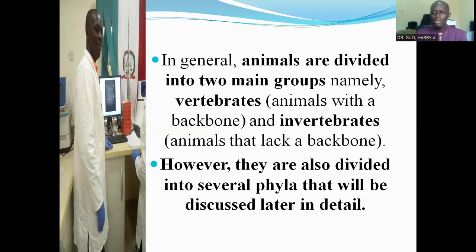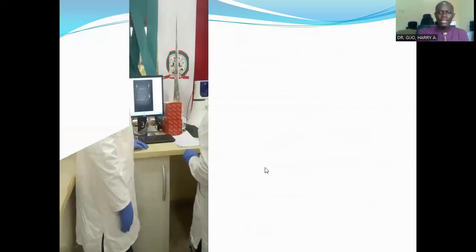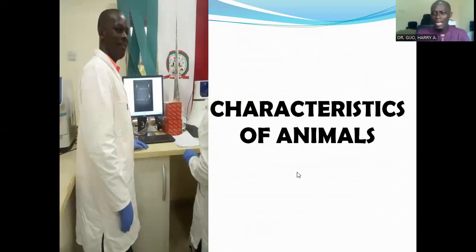These are the two major groups of animals, the ones that have a vertebral column and the ones that do not. However, they are also divided into several phyla that will be discussed later in detail, as we progress in our discussion of the animals.